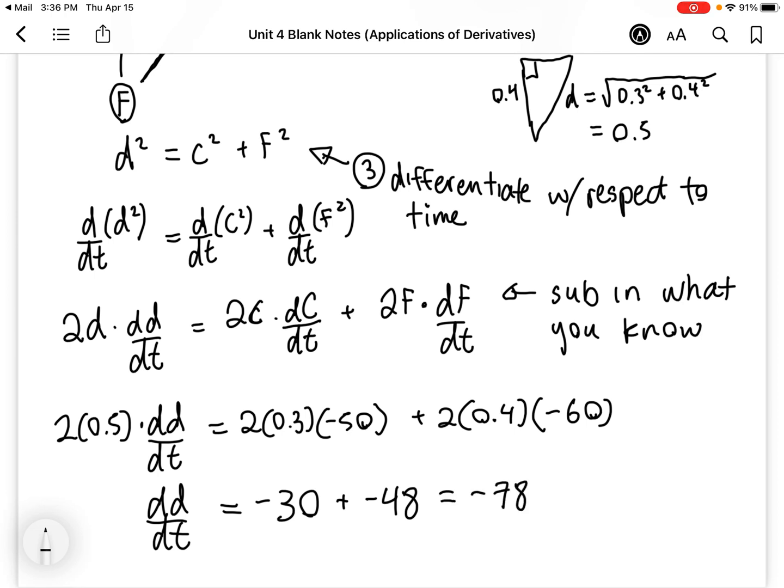So what does this mean? It means that the distance between the two cars is decreasing at a rate of 78 kilometers per hour, okay?